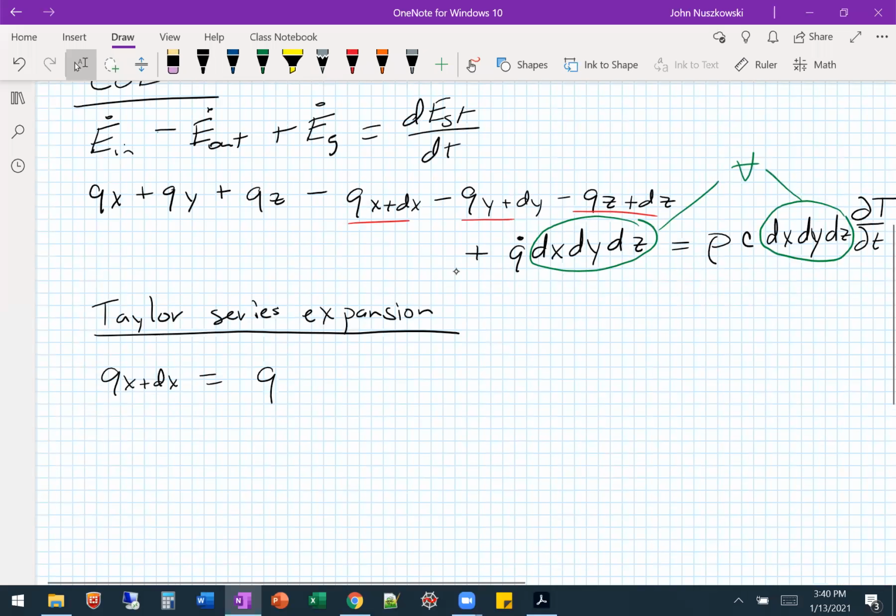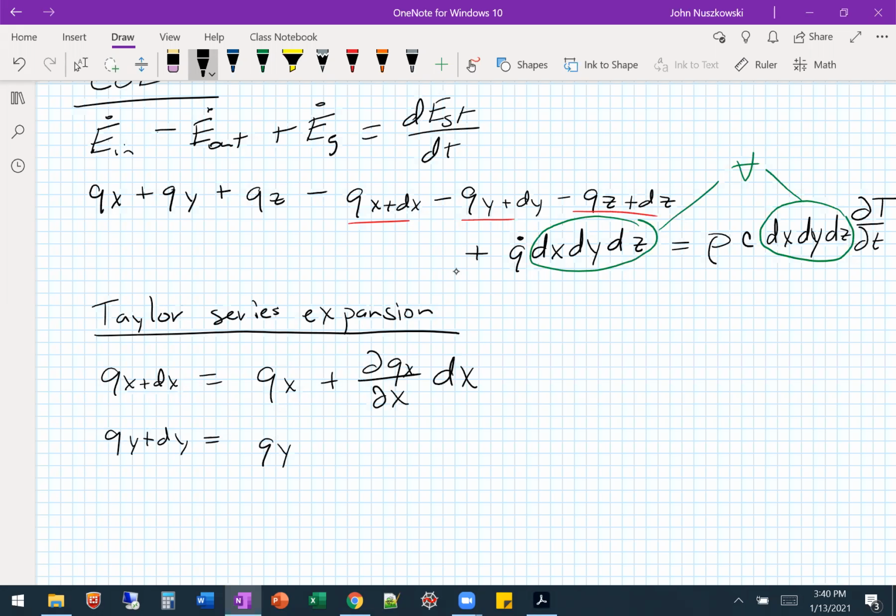we start with q_x, plus any change, the partial change of that q_x with respect to x. And we can do the same thing in the y and the z.